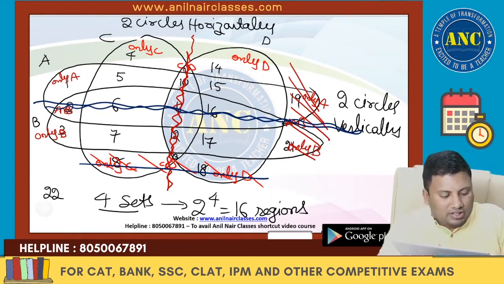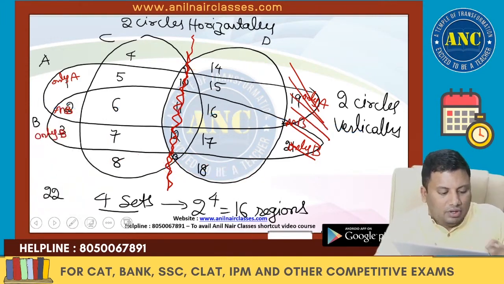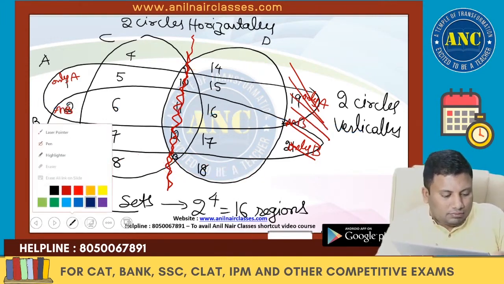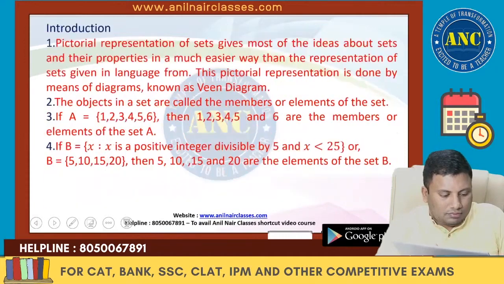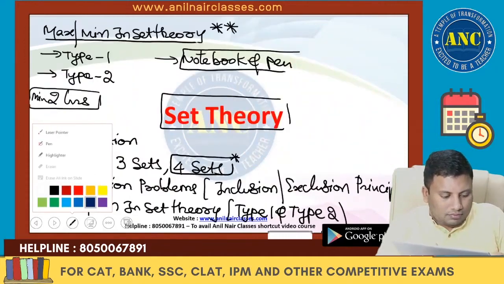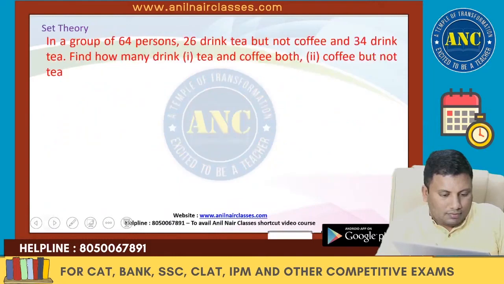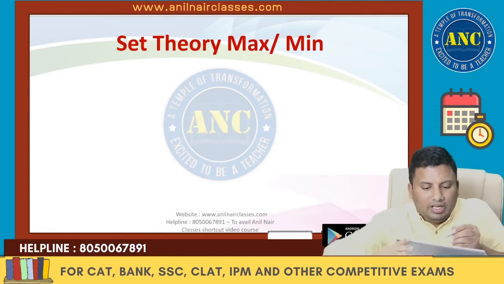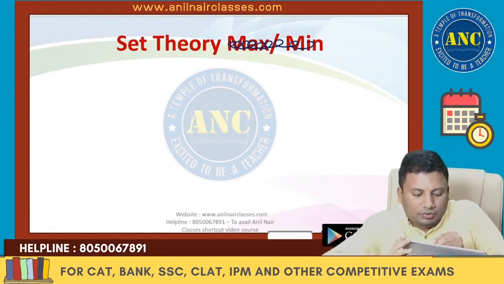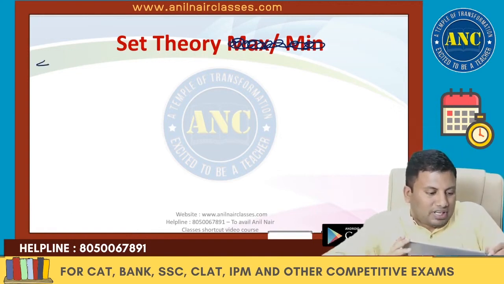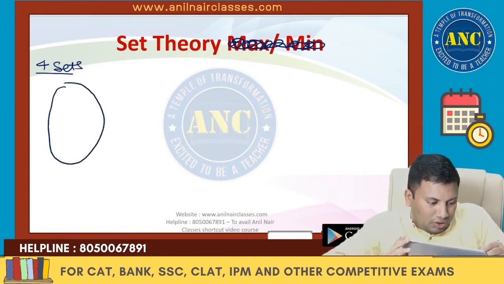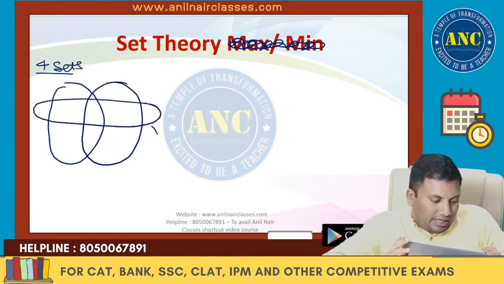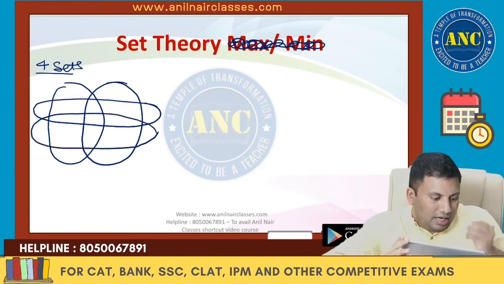So what I will do is, I will draw the diagram right now for 4 sets. See here, there is 2 here, here it is, and here it is.